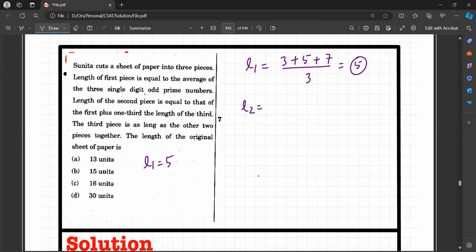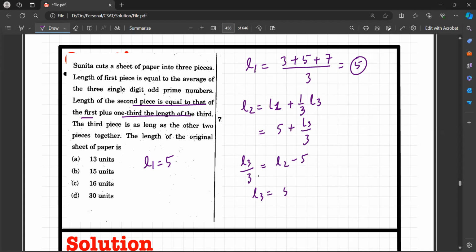L2, the length of the second piece, is equals to the first plus 1/3 of the length of third. That is first plus 1/3 of the third, which will be equals to 5 plus L3 by 3. So L3 by 3 equals to L2 minus 5. L3 equals to 3L2 minus 15.